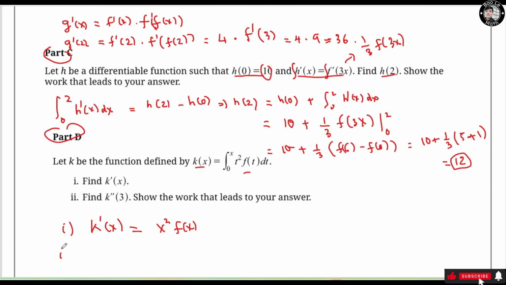Now question E. Find k double prime of 3. So k double prime of s equals, we're going to use the product rule. So we have 2s times f of s plus f prime of s times s squared.